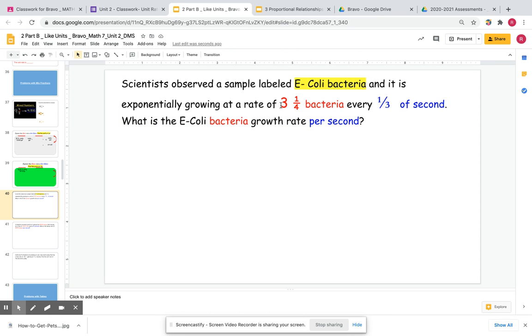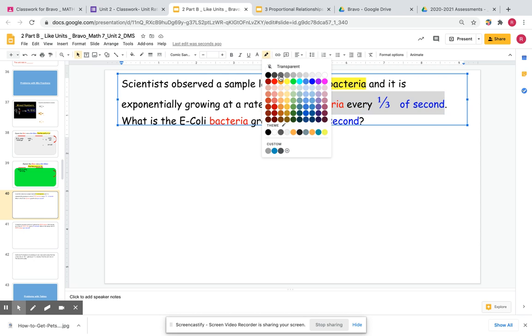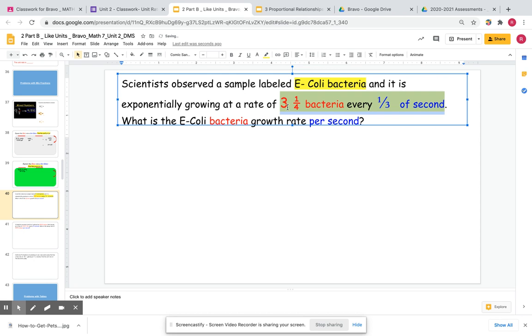I really hope that you were able to identify that we know the actual growth rate for the bacteria. We know that it's growing 3 and 1/4 of a bacteria every 1/3 of a second. And that's actually the rate. It's the growing rate.